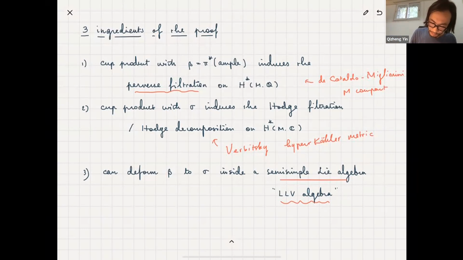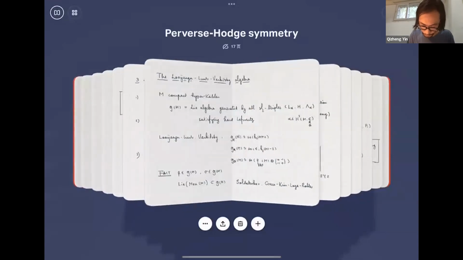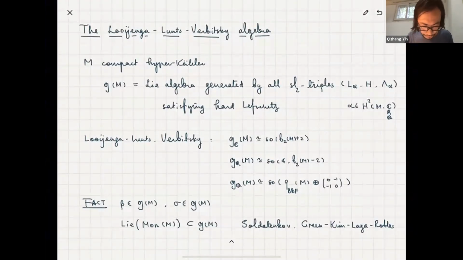Let me say a few things about the Lie algebra. This is the Looijenga-Lunts-Verbitsky Lie algebra, and the definition is like this. Take M to be a compact hyperkähler variety, or actually the definition makes sense for any non-singular projective variety. This Lie algebra is defined to be generated by all hard Lefschetz triples.